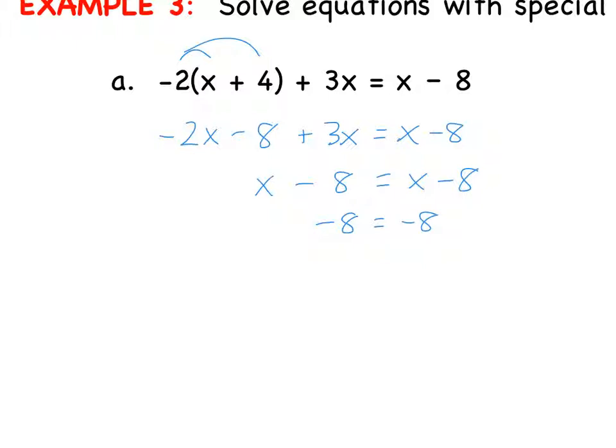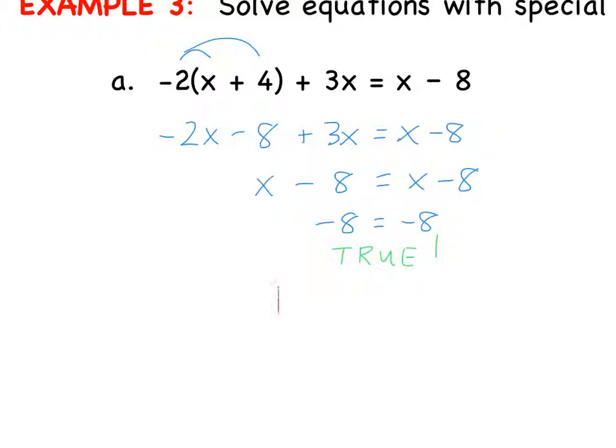So what does that mean? The variables are gone. So I look at what's left. Negative 8 equals negative 8. Is that true or is that false? Well, hopefully you recognize, hey, negative 8 does equal negative 8. It's a true statement. So if it's a true statement, what does that mean our answer is? Okay, so our answer is no matter what I plug in for x, I'm always going to get a true statement.